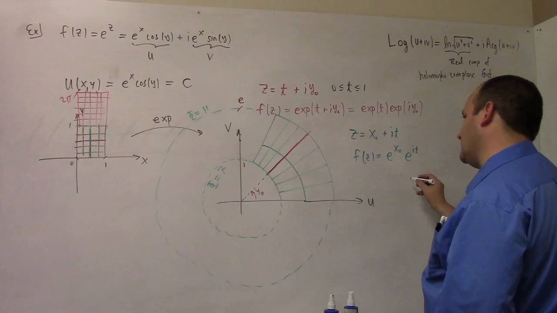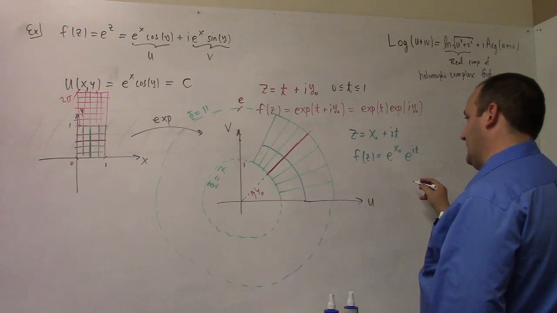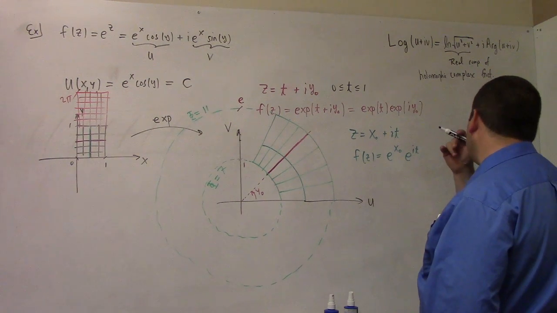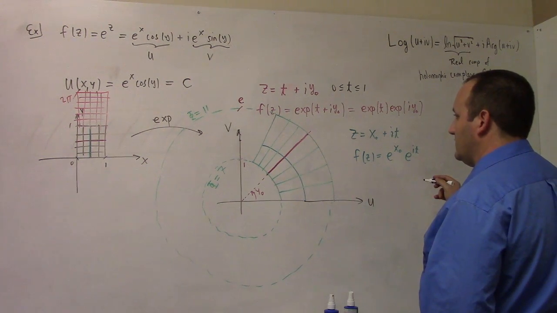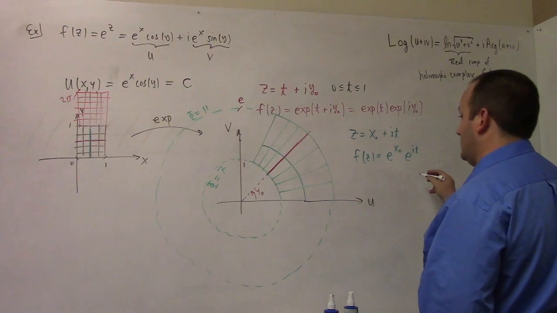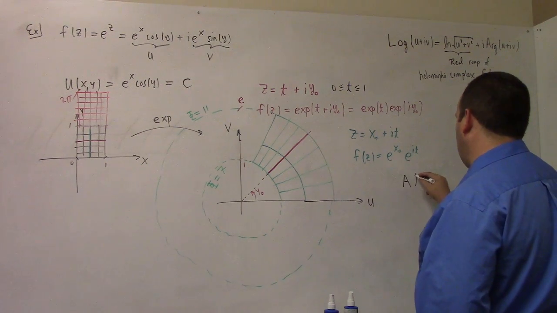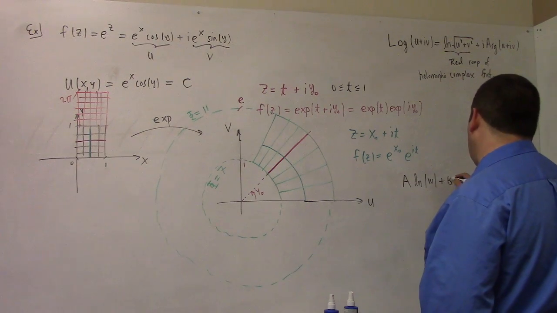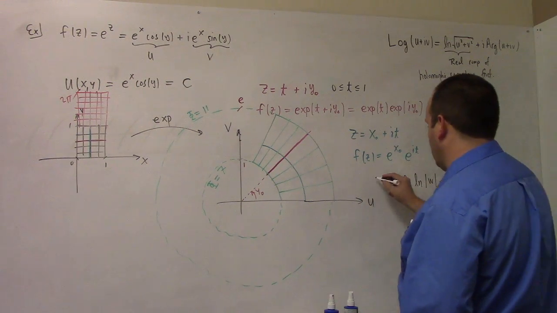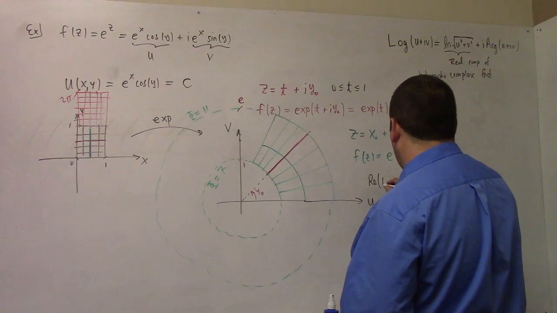What I'm going to look for is something like a natural log of the absolute value of w plus b. That's going to be the real part of what we call big phi.